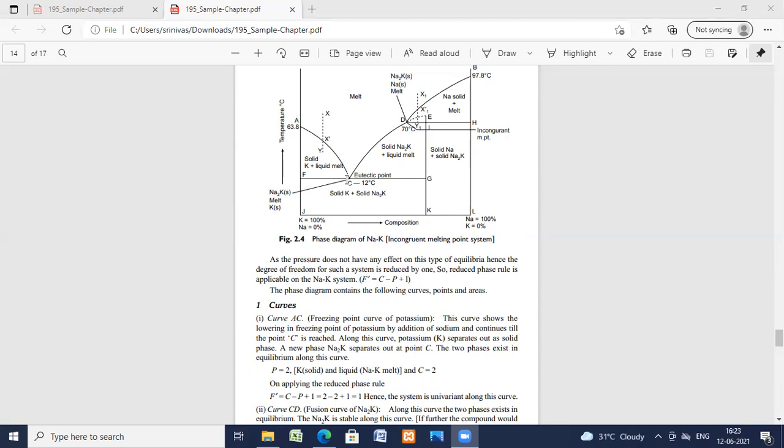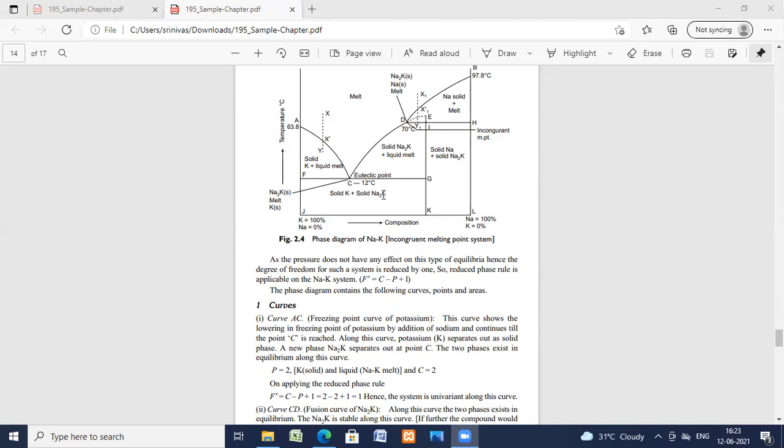Along this curve, potassium K separates out as a solid. And another new phase, Na2K, is also getting separated at point C. So you are getting solid K and solid Na2K.